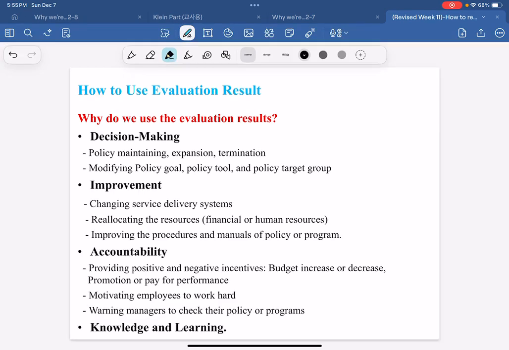Lastly, knowledge and learning. This is the fundamental purpose of policy evaluation. Public officials or experts like me will learn some important messages about policy by conducting policy evaluation, and then accumulate knowledge about policy.